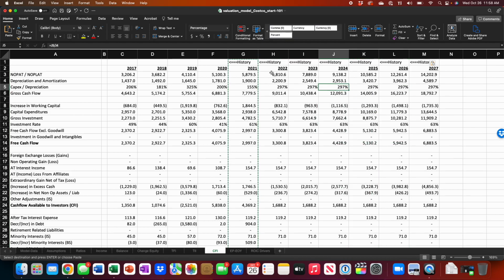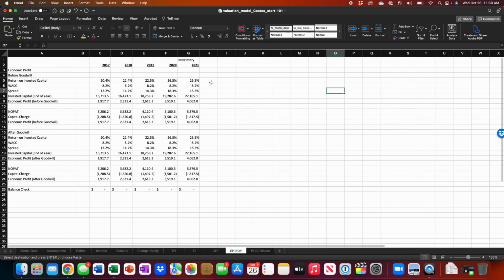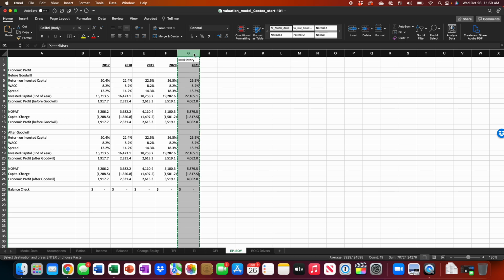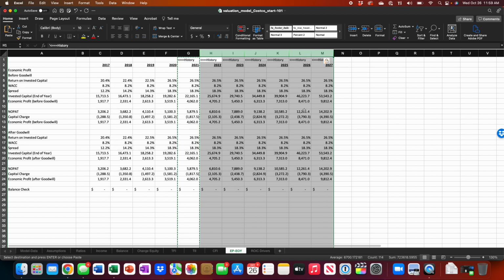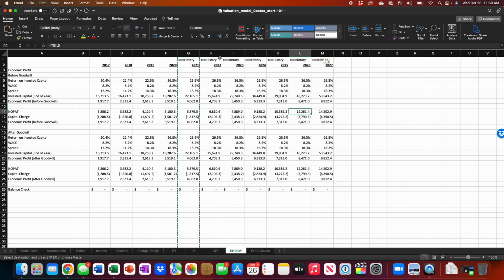Again, history, flip it to forecast. Copy that over. And then finally, we go to our economic profit. Column G, copy it. Column M, paste it. We now have forecasted economic profits going through 2027.